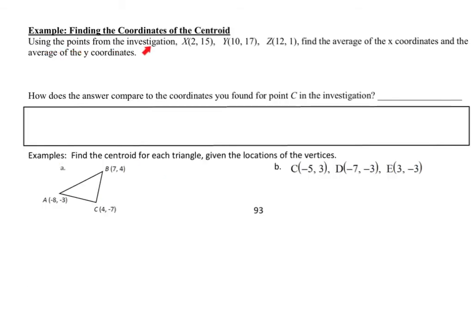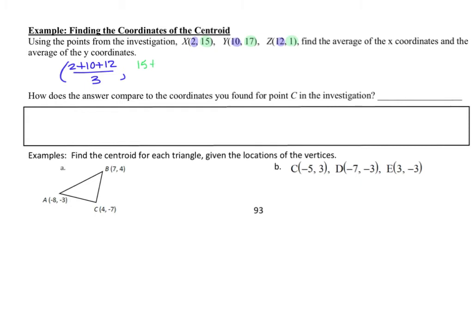Using the points from the last investigation, which are listed here, we're going to find the average of the x-coordinates and the average of the y-coordinates. Average means we're just going to add them all up and divide by how many there are. The x-coordinates are 2, 10, and 12. So we're going to add those up, 2 plus 10 plus 12, and then divide those by 3. And then we're going to do the same thing with the y-coordinates, which are 15, 17, and 1.